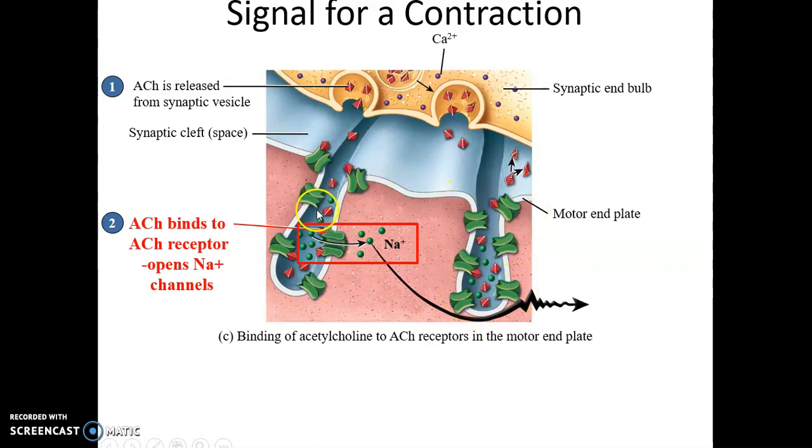And acetylcholine can bind to these proteins, these acetylcholine receptors, causing these proteins to open up channels that allow sodium ions to flood into the muscle fiber. So acetylcholine binds to acetylcholine receptors on these channel proteins. Channel proteins open and sodium ions flood into the muscle fiber, going from high concentration to low concentration.